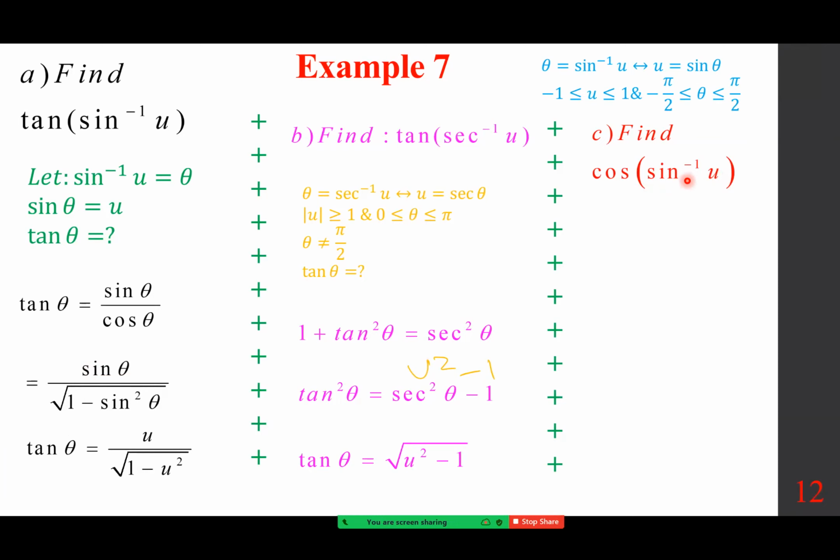We let sine inverse be theta. That means sine theta is u. Look for cosine. We know sine squared plus cosine squared is 1.